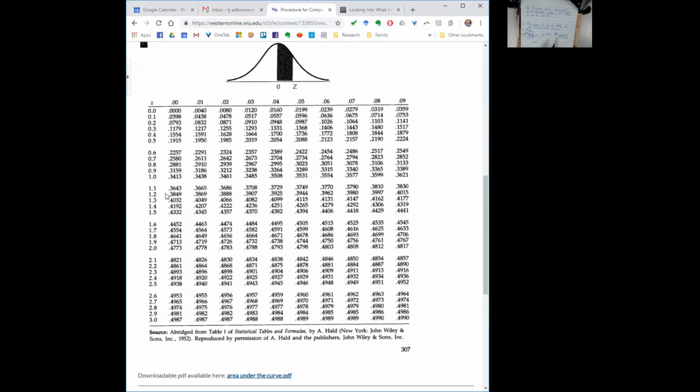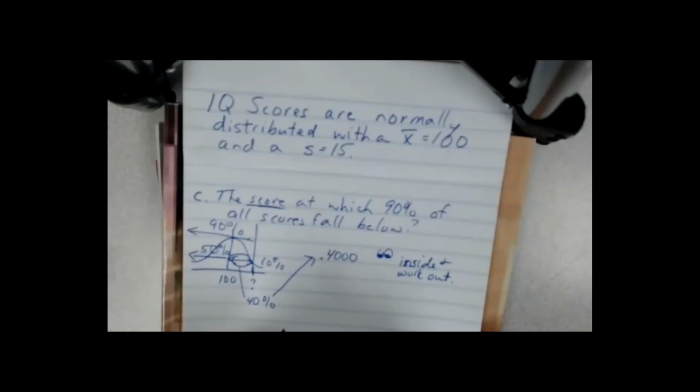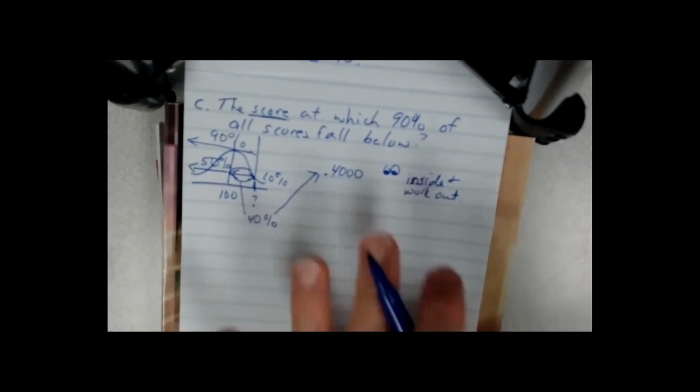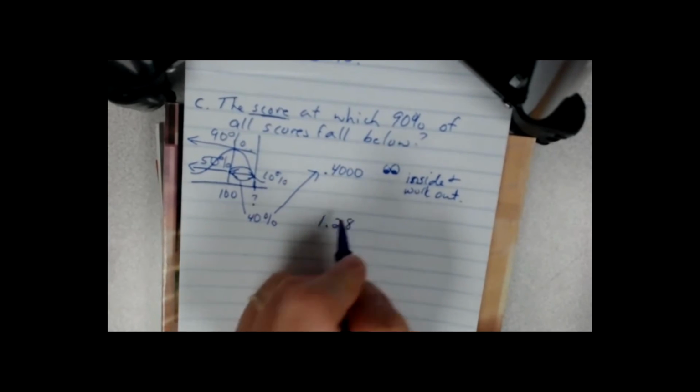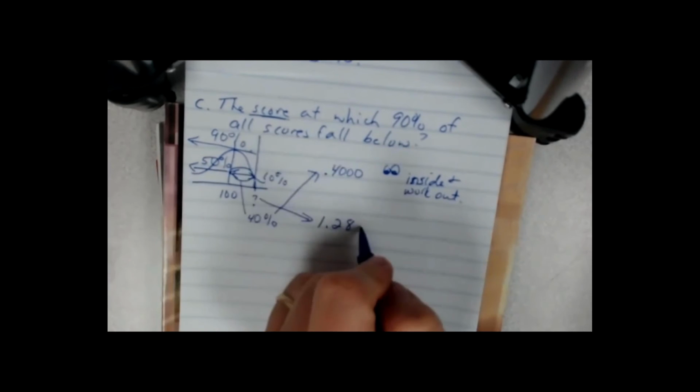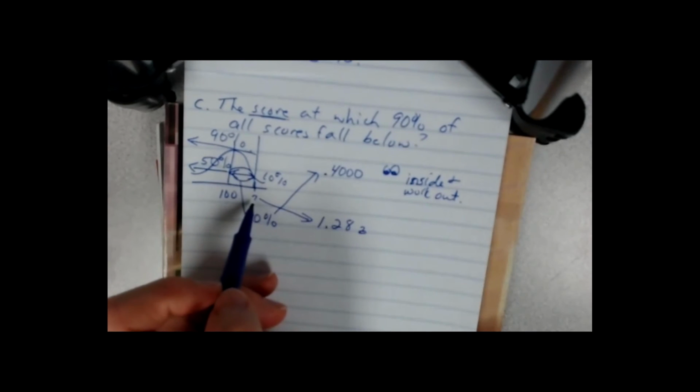So if I go out this way, I have 1.2, and if I go up this way, I have 0.08. So what that means is that the z-score that I'm looking for is 1.28. So that's what this number is, 1.28 z's.